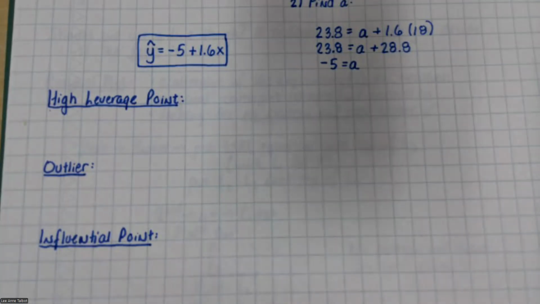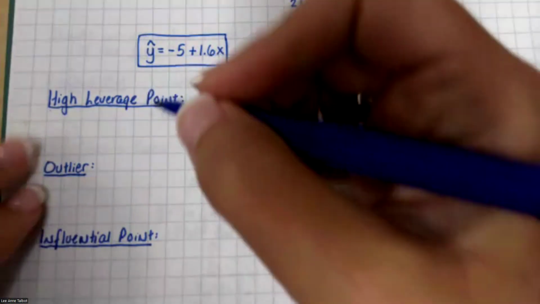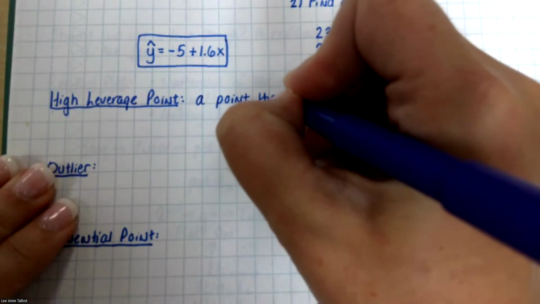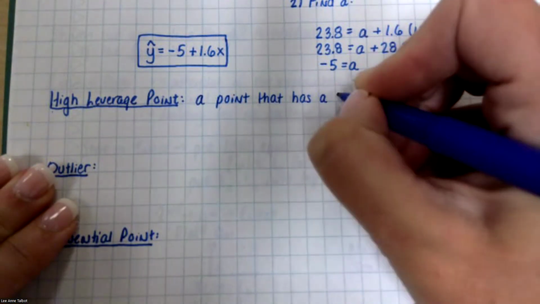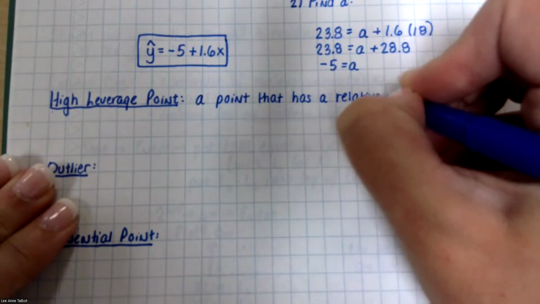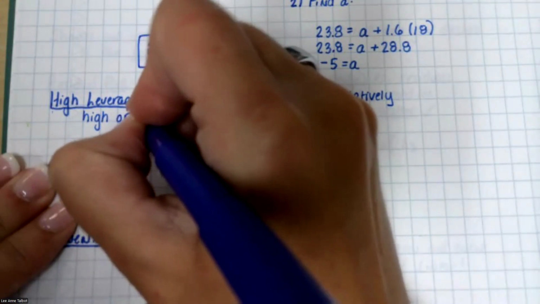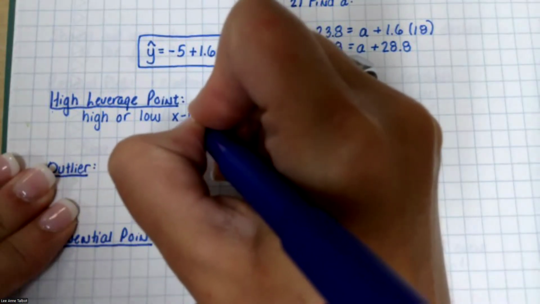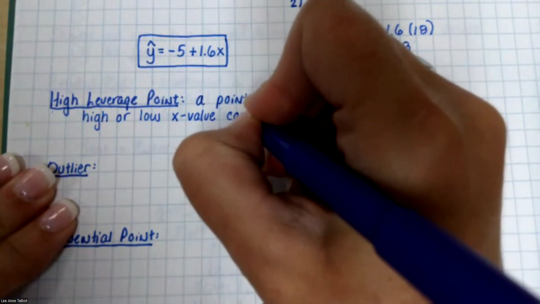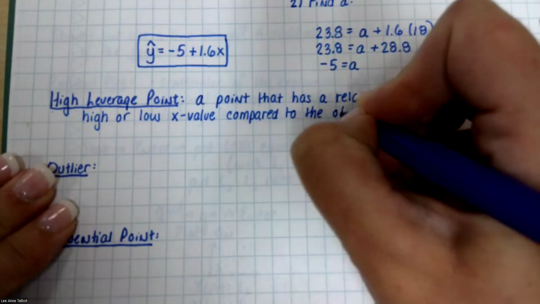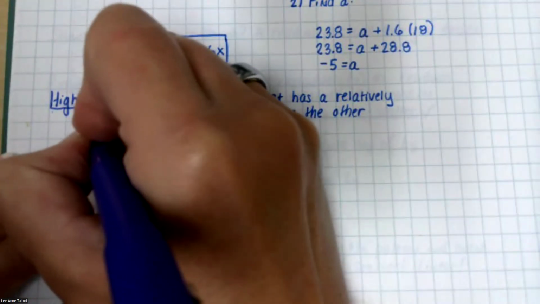Okay, high leverage point. The definition of a high leverage point is a point that has a relatively high or low X value compared to the other points.